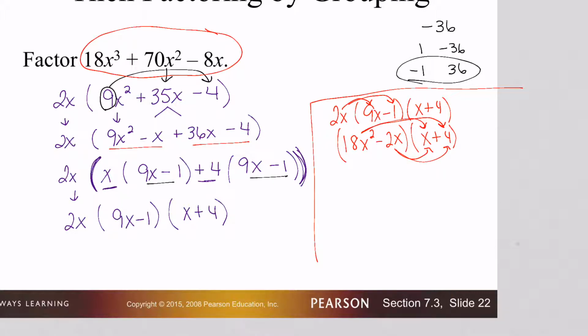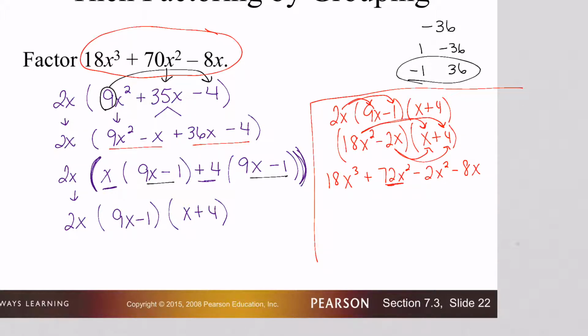18x squared times that, and 18x squared times that, negative 2x times that, and negative 2x times that. So 18x squared times x is 18x to the third power. 18x squared times 4 is, let's see here, 72x squared. Negative 2x times x is a negative 2x squared, and a negative 2x times 4 is a negative 8x.